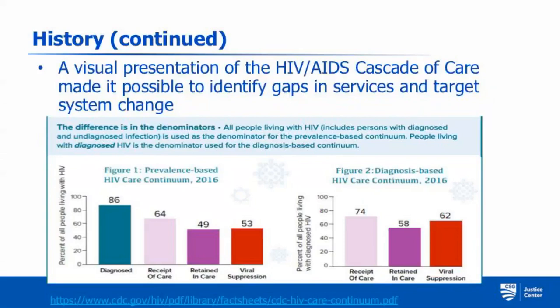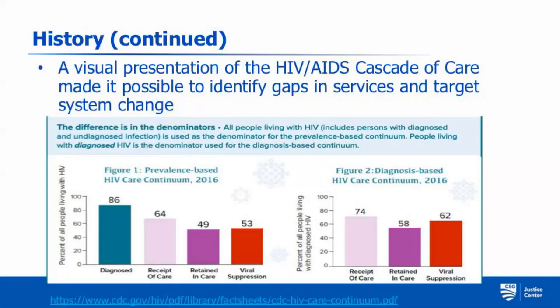So one of the things that we learned through the HIV/AIDS Cascade was that we could identify gaps in services in meaningful ways, that we could actually begin to think about how do we reduce those gaps, and how do we actually get people committed to core outcomes. So this is actually from a CDC report. You can find it on their website, on the CDC HIV Care Continuum. It allows us to look at the prevalence of the HIV epidemic as it exists.